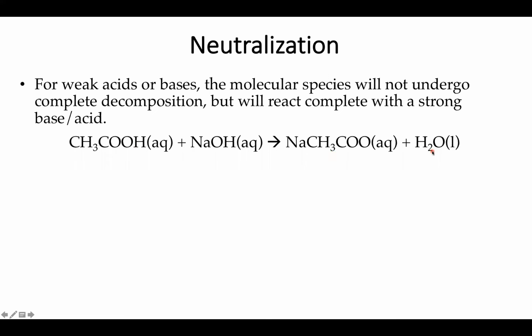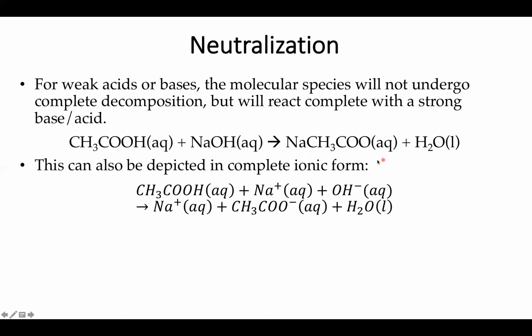So let's go ahead and look at this in the complete ionic form. One of the big differences from the strong acid form is that acetic acid doesn't completely dissociate, while the sodium hydroxide will. And on the other end, the sodium acetate completely dissociates, while the water doesn't. So when we look at this, our only spectator ion is sodium.